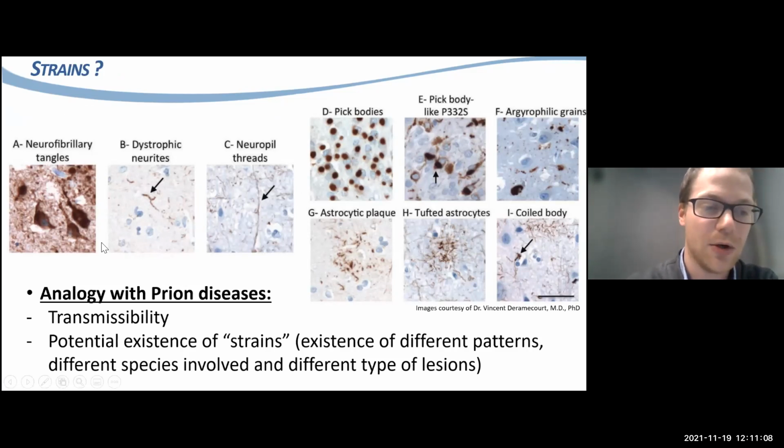These are the neurofibrillary tangles, but you also had some pathologies with glial lesions, such as in an astrocyte or oligodendrocyte. But even within neurons, you could see very different morphology, with here Pick bodies that don't look alike at all from neurofibrillary tangles, or argyrophilic grains here that are really punctate, and were typical of certain diseases compared to others.